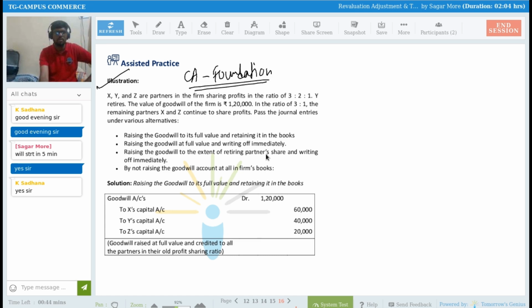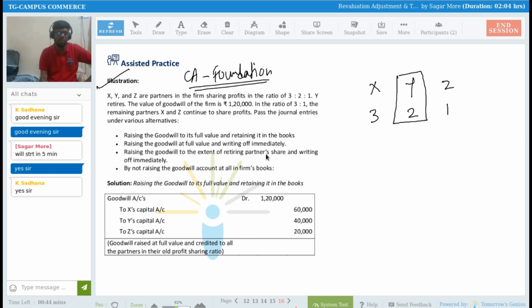Okay, see the question now. X, Y, and Z are partners in the firm, sharing the profits and losses in the ratio of 3:2:1. Y retired from the partnership business. The value of goodwill of the firm is 1,20,000 rupees.